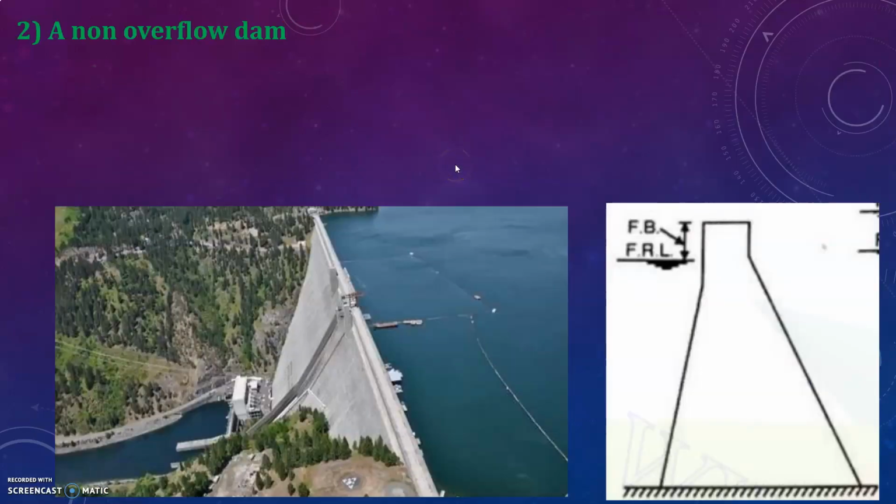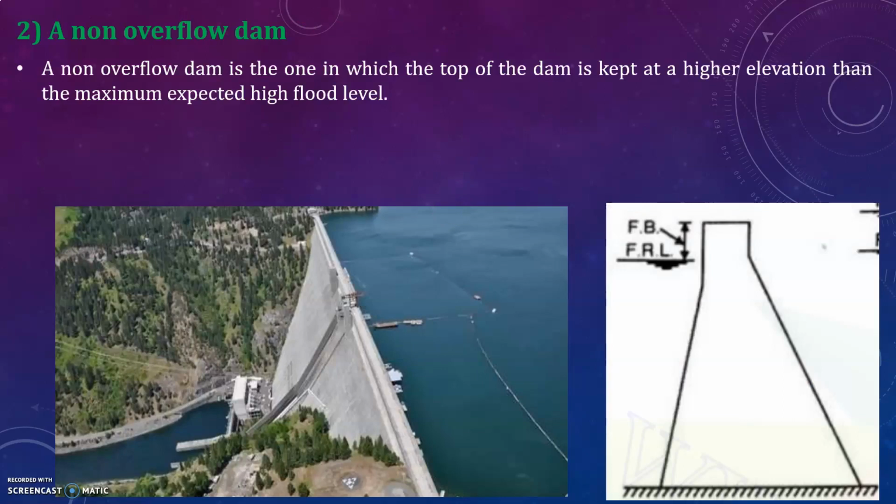Let us discuss the next type, that is a non-overflow dam. A non-overflow dam is the one in which the top of the dam is kept at a higher elevation than the maximum expected high flood level. Water is not permitted to overtop the dam.